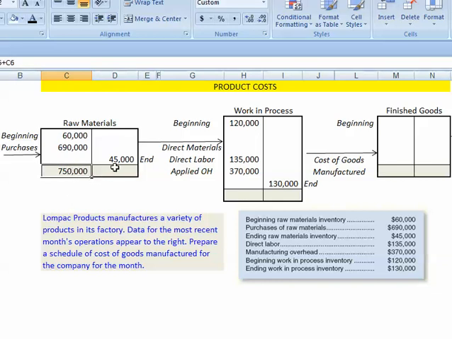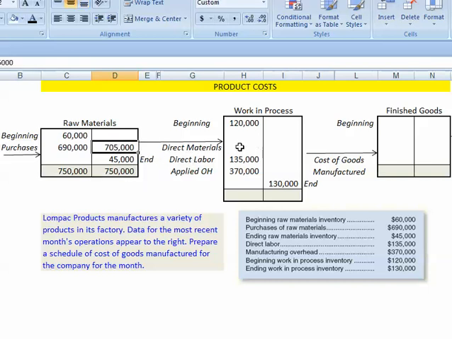That's the cost that either needs to be transferred out or left in ending raw materials inventory. If 45 is left in ending raw materials, that means $705,000 had to be transferred out because both sides of our box need to balance.